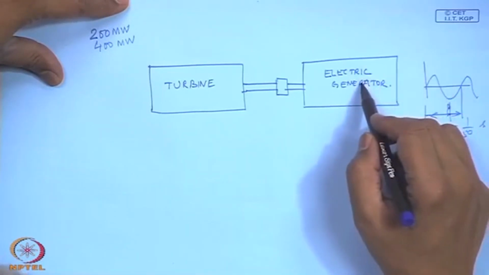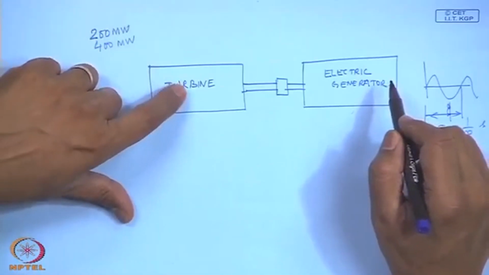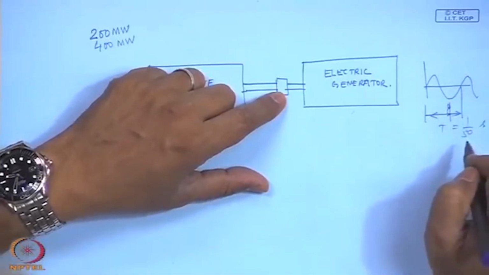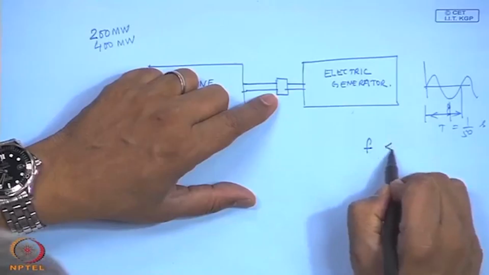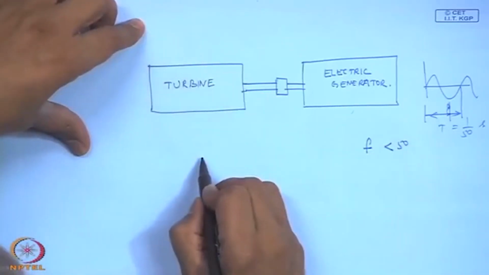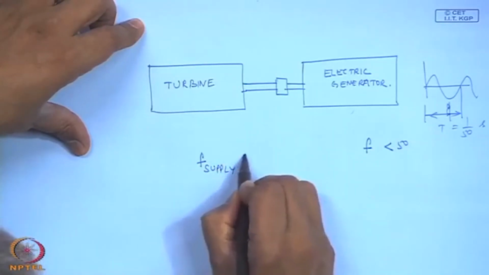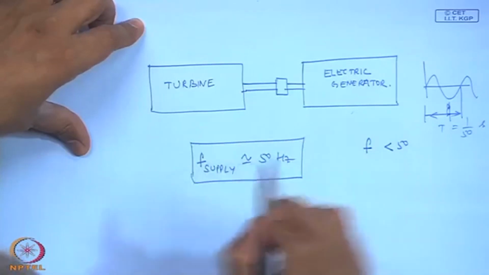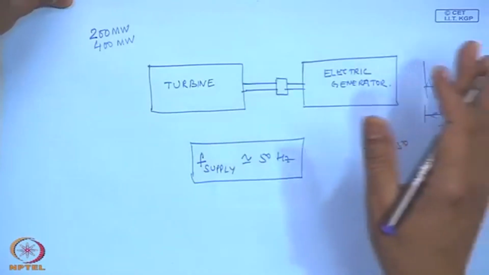So, the speed of the rotation of the rotor of the electric generator is governed by the turbine. There are a lot of control mechanisms so that I do not produce a current supply frequency less than 50 hertz or greater than 50 hertz. So, I have to produce the electrical supply frequency F supply at 50 hertz, and that is my primary requirement of a power plant, continuously and so on.